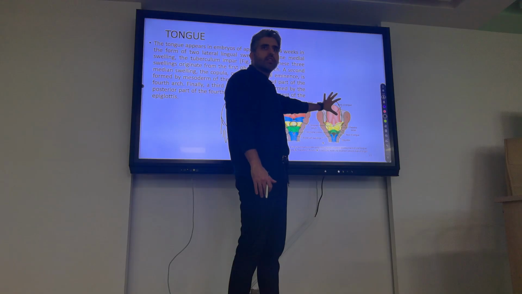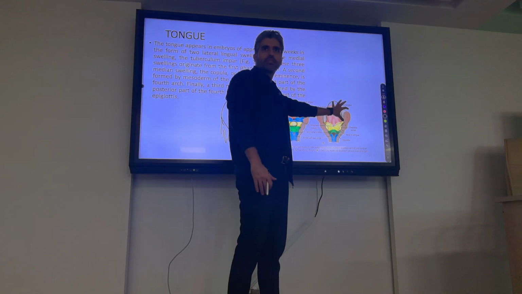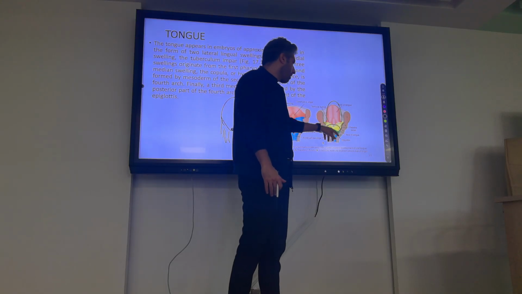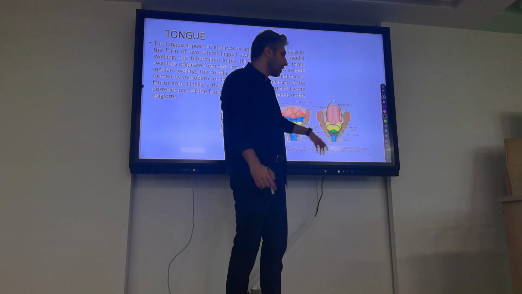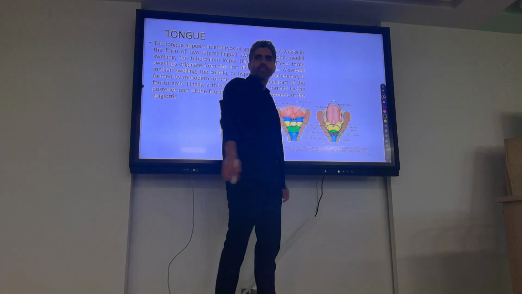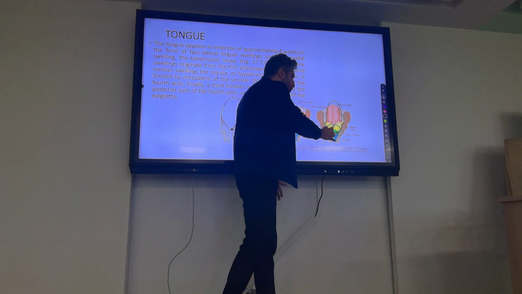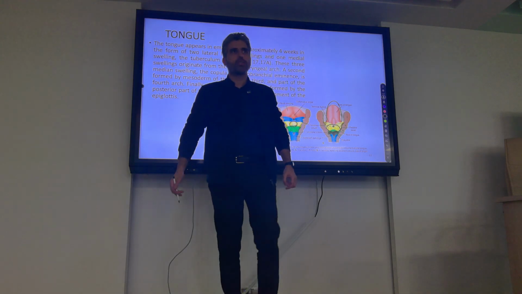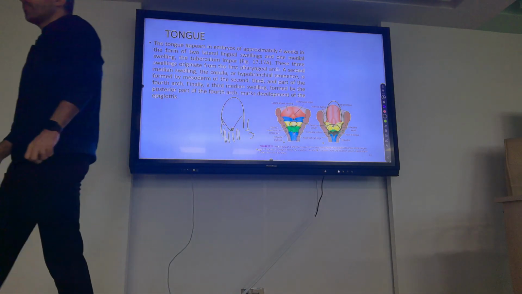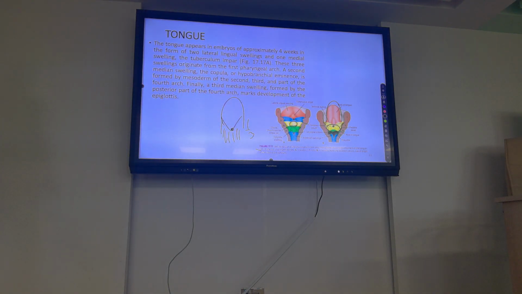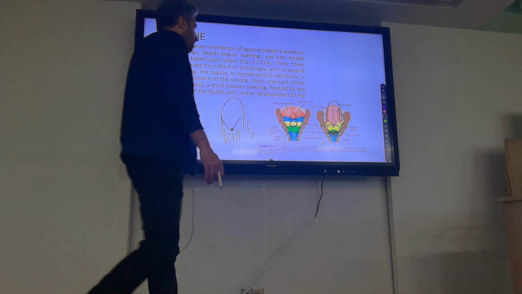We know that the anterior 2/3, arch number 1 and 2, is here. The posterior 1/3, arch number 3, is here. Between them, we have the foramen cecum. And finally, the root of the tongue is attached to the epiglottis, and the sense is by the vagus nerve. And I told you about the muscle.